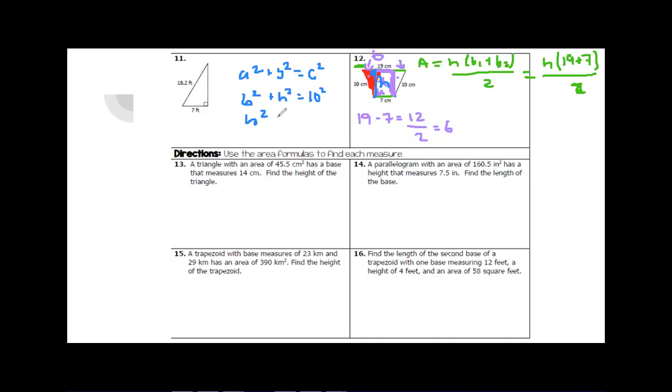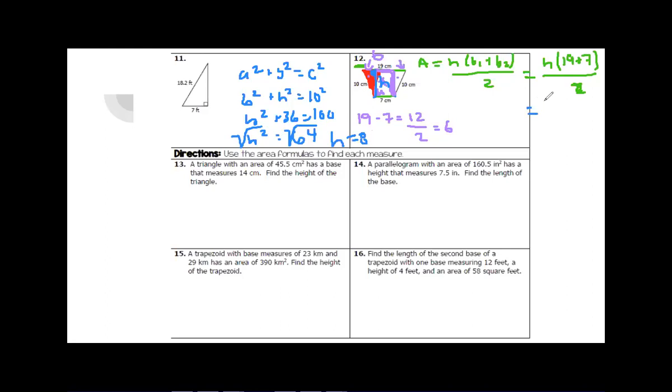So we end up with h squared plus 36 equals 100. We take away 36 from both sides. H squared is equal to 64. Take the square root on both sides, and our height is going to be 8.